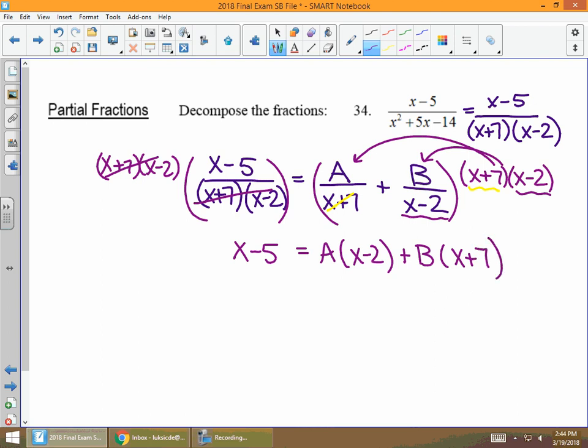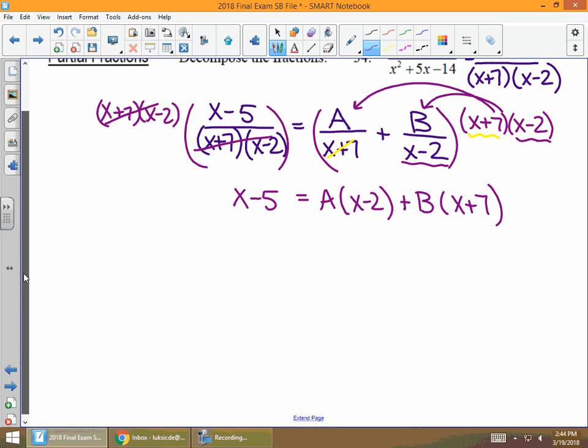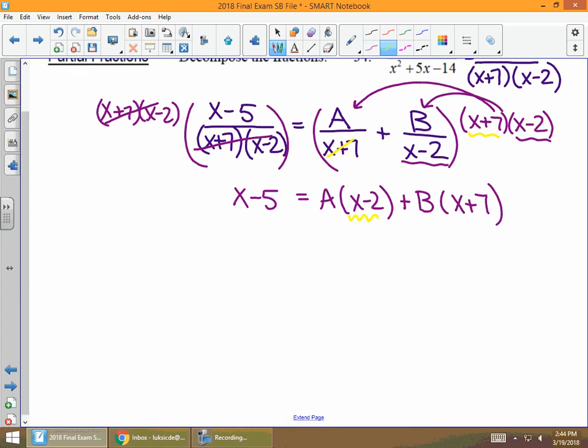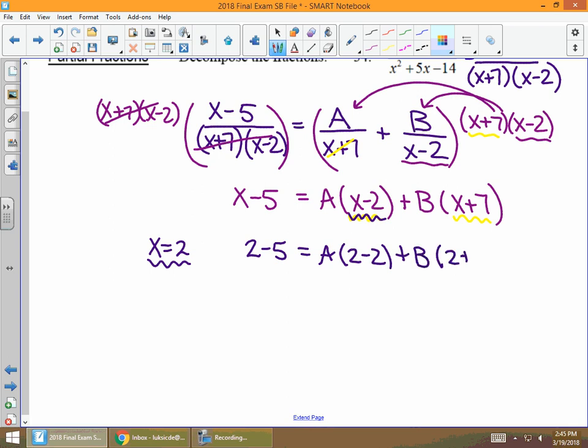And our process from here is just to pick some convenient x's to zero out our coefficients. So the first convenient x I'm going to pick is x equals 2, because if I make x 2, my a coefficient is going to zero out. So I'm just going to work through that really methodically, putting in 2 for all my x's.